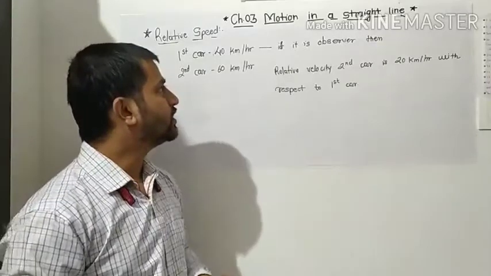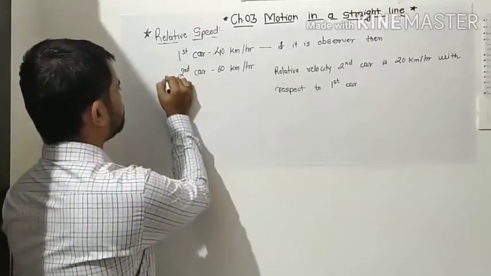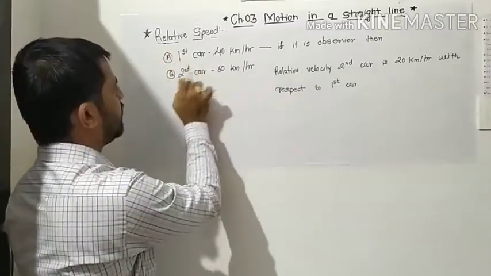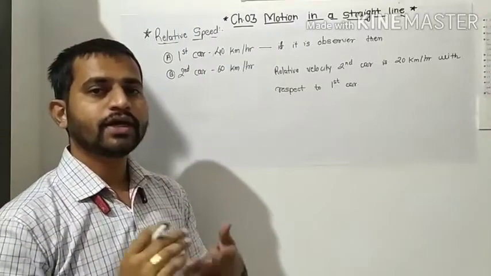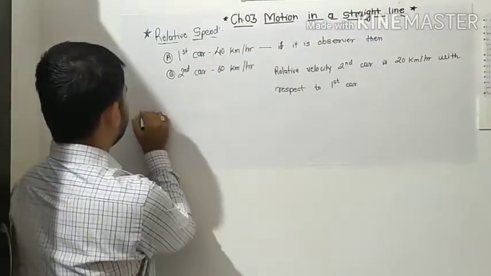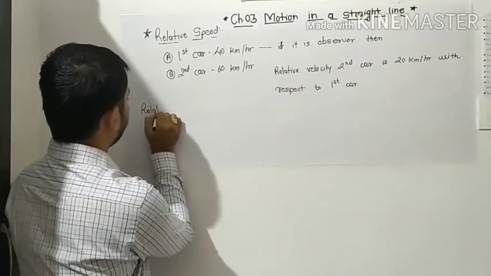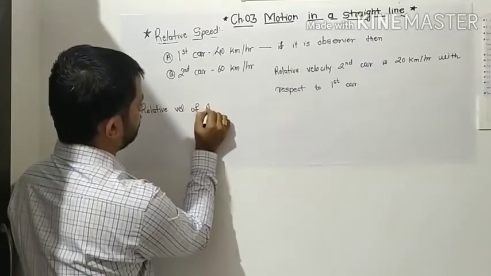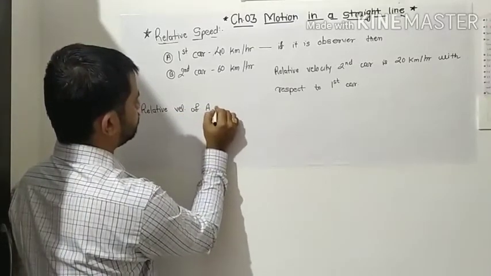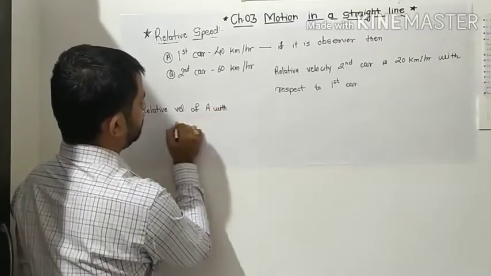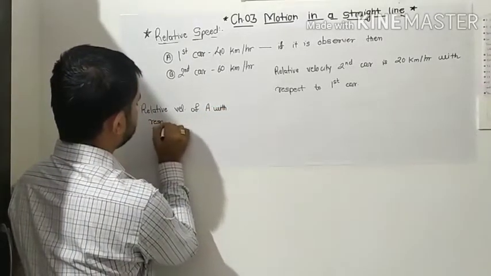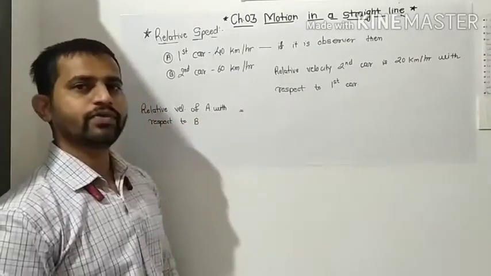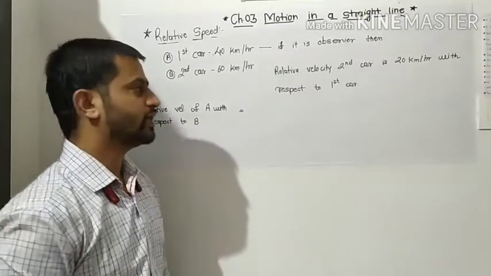Suppose we consider this body as A and this body as B, this is the A car and this is the B car. Then the relative velocity of A with respect to B is equal to, what do we have to give here?